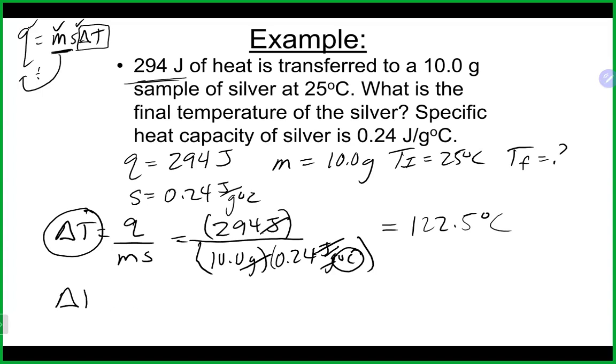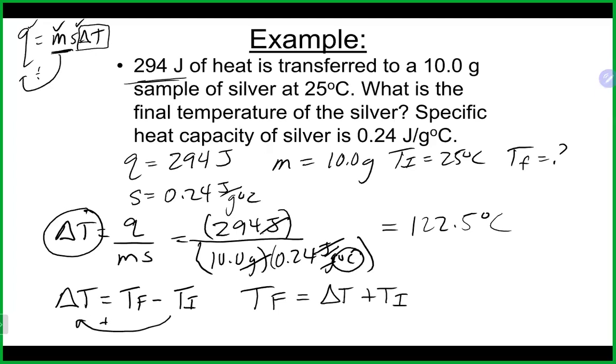Remember that the change in temperature is our final temperature minus our initial temperature. That means that our final temperature would equal the change in temperature plus the initial temperature as we bring this to the other side and add it basically to the other side. And when we do that, that's going to give us 122.5.